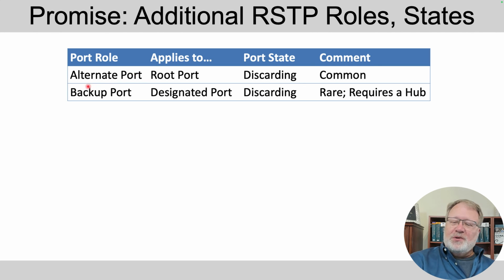There's also a similar term called backup port. It's very rare today because it only happens when there's a hub, and you really don't find hubs out there in the wild very much at all. But backup ports are standing by to take over for a switch's designated port. Both have other conditions that have to be met for a port to be able to be an alternate port and a backup port. So that's the second section in Chapter 9 if you want to go look for a little more detail in the book, for instance.